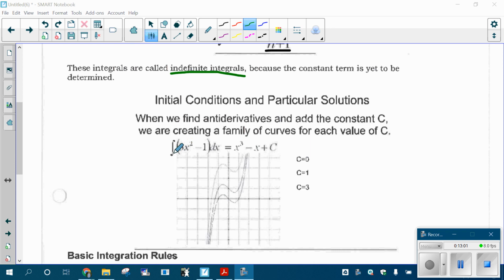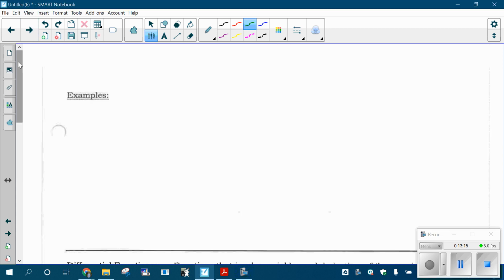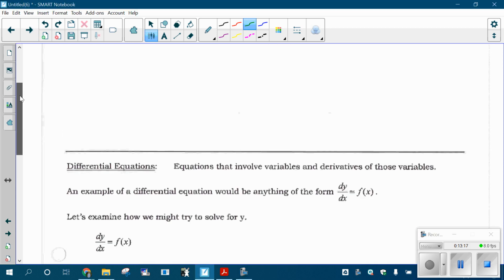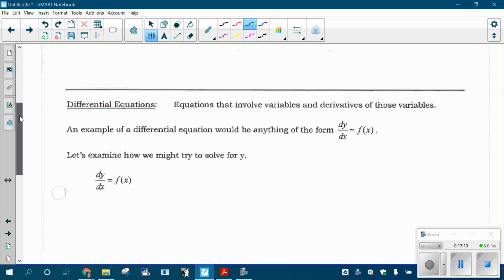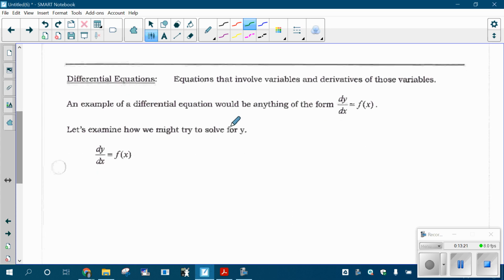So as soon as they give us one point that the original function, that the antiderivative, that the indefinite integral went through, we could narrow it down from that family of infinitely many to a single one. Okay? And we're going to do that right now. Okay? So this is kind of cool.